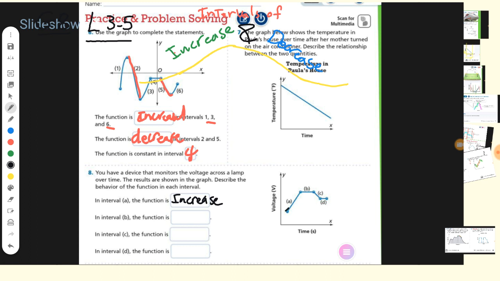Y increased. B, constant. C, decrease. And D, constant.